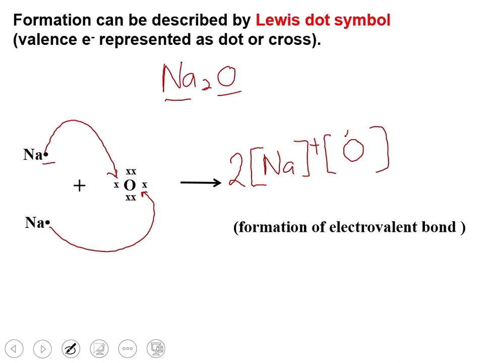Oxygen originally had 6 valence electrons and gained 2 electrons from Na, so it will give 2 minus charge on oxygen. So this is the formation of ionic bond or electrovalent bond. This is the product. Make sure Na and oxygen are close together.